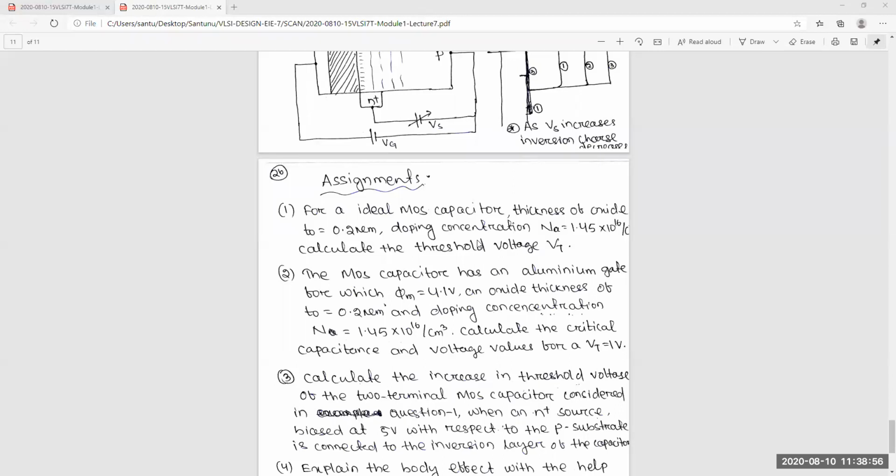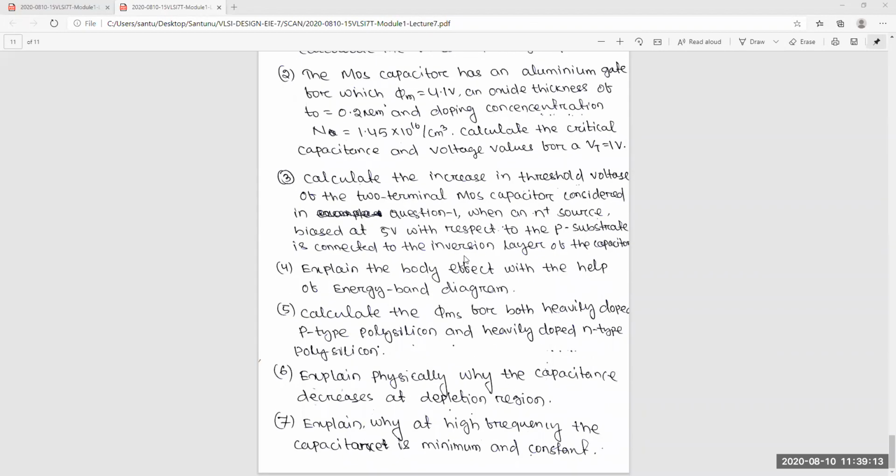So tomorrow there is no class, and today I have done 2 classes. So Wednesday I will not take any class, directly come to the lab. Okay. So on Wednesday or next Monday, you can submit these assignments. It's very easy. Just go through this.